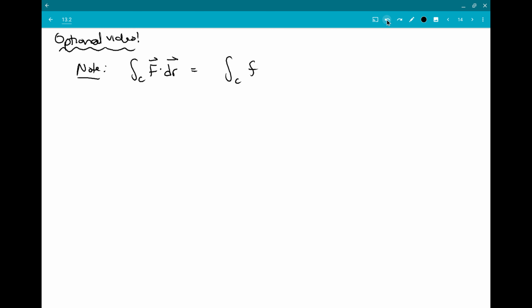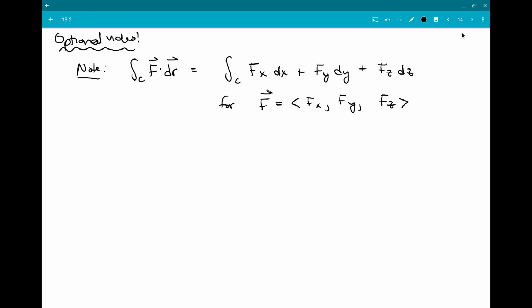The way they're the same is because the integral of F dot dr is actually just the same as looking at f_x dx plus f_y dy plus f_z dz, for vector valued F equal to f_x in the x component, f_y in the y component, f_z in the z component.